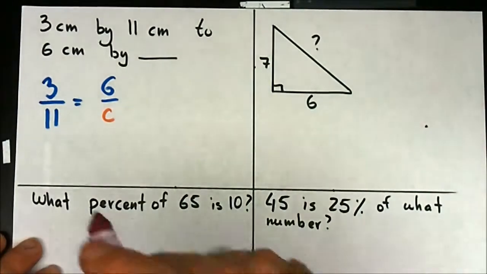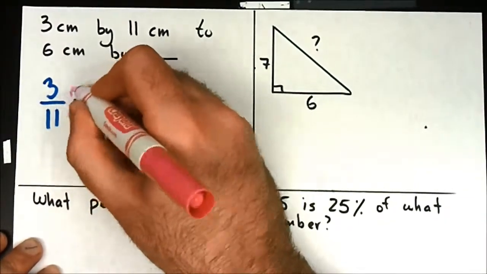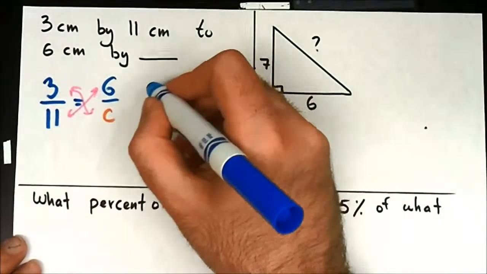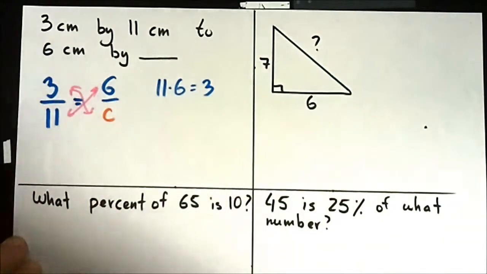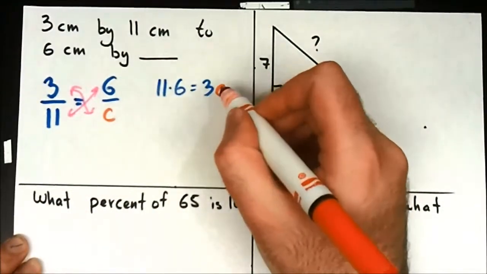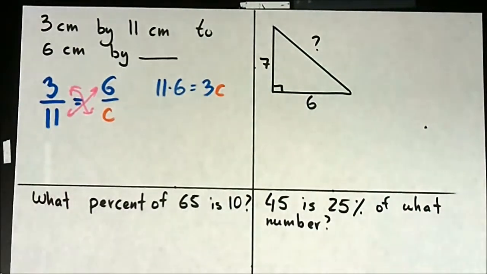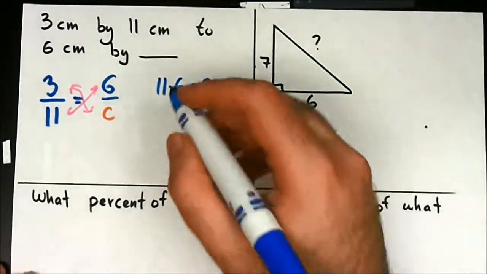Cross multiply, you say? I agree with you. Now you just write your cross products: 11 times 6 equals 3 times C, or 3C. What's 11 times 6? Easy. 10 times 6 is 60. 1 times 6 is 6. 66.